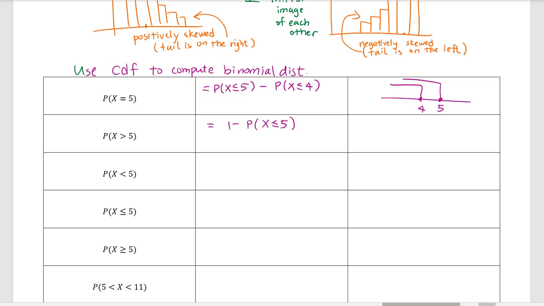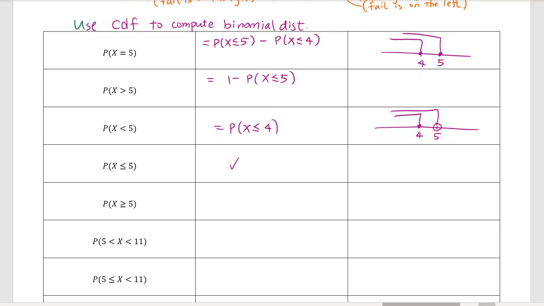If we have x less than 5, well, less than 5 means it's less than or equal to 4. So this is just P of x less than or equal to 4. Okay? And less than or equal to 5, this is good. This is already the CDF, right? And then greater than or equal to 5.